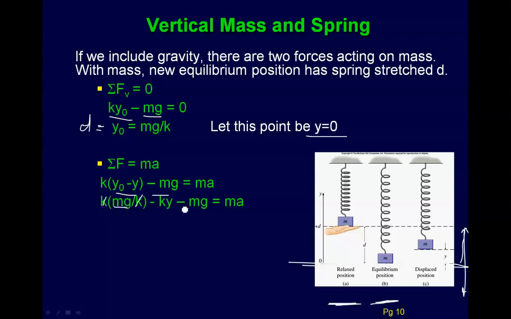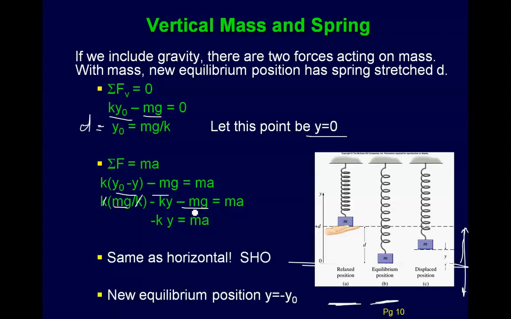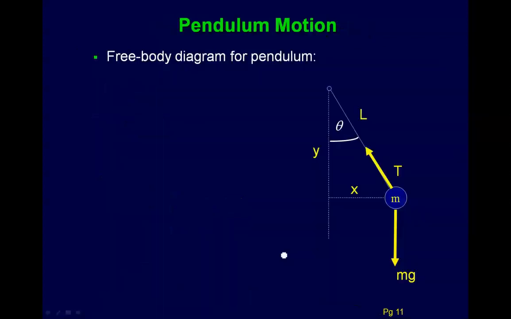This mg and this mg cancel, and I'm left with just negative ky equals ma. So basically, if you adjust the position of the spring to the new equilibrium position, this is just simple harmonic motion, and you can essentially forget about the gravity. The new equilibrium position will be this negative y naught. Of course, in our little picture here, we called that d, so it bounces around that position d.